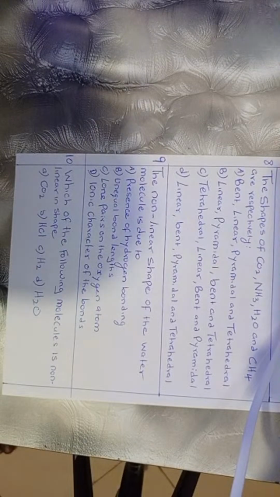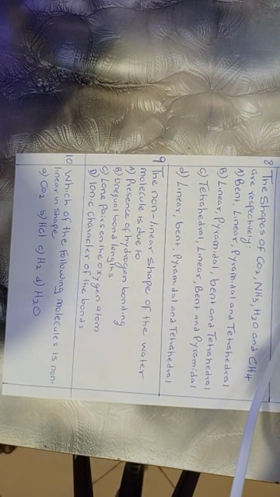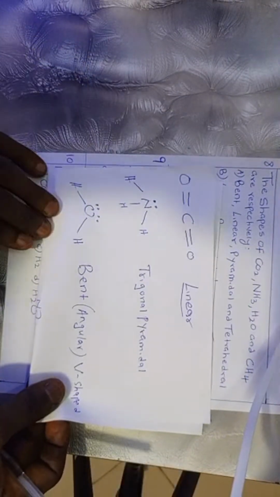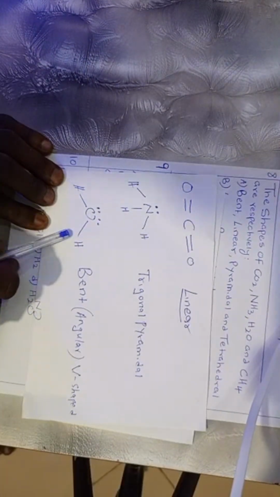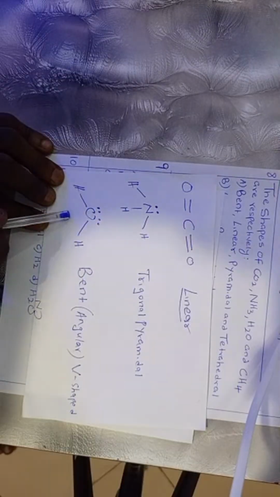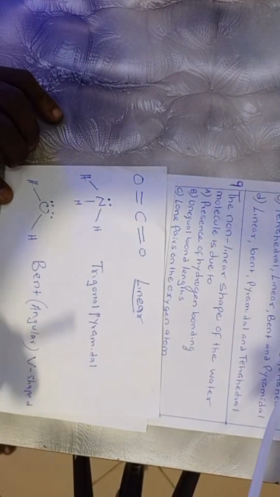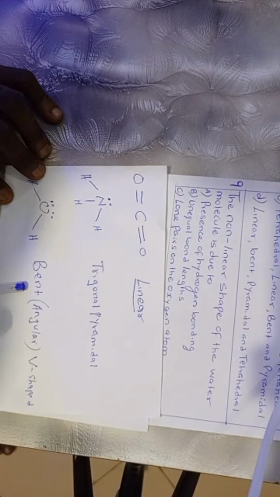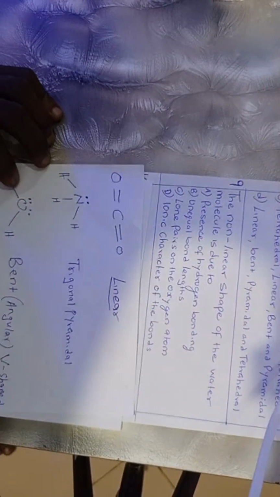Let's go back to the geometry of water that we drew earlier today. This is the geometry for water. Why do you think that water as a molecule is nonlinear? When we say that something is nonlinear, it means that thing is not linear. So why is water bent? Let's go through the options to pick our correct answer.